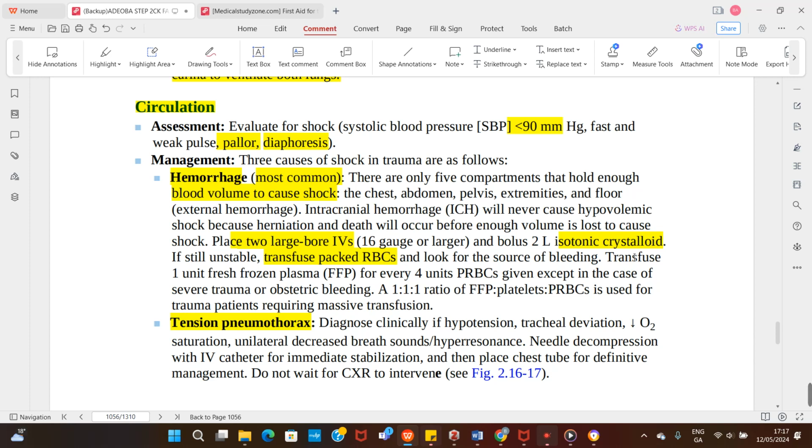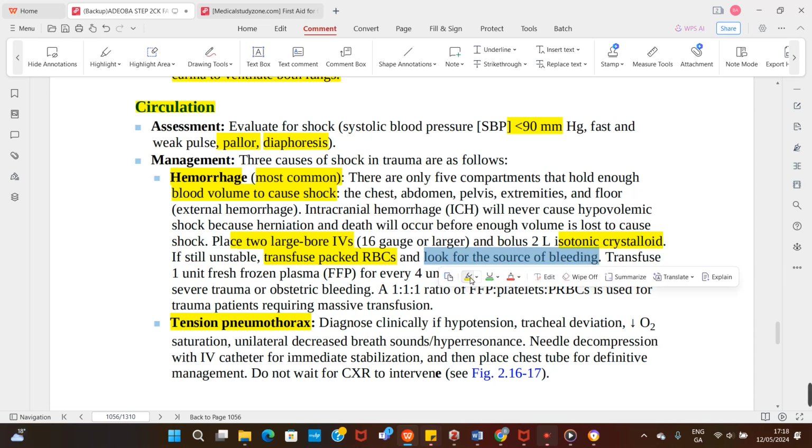There are so many problems with giving a lot of isotonic fluid: the coagulopathy, the acidosis, the hyperchloremia. You don't want that to happen to the patient, so you need to quickly transfuse red blood cells, and you need to look for the source of bleeding.